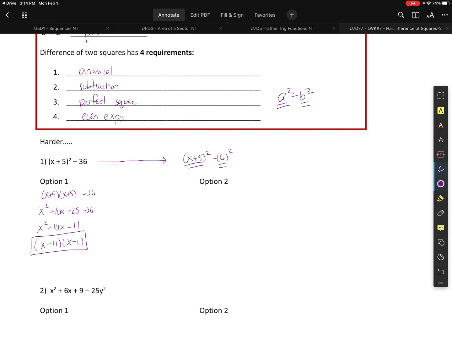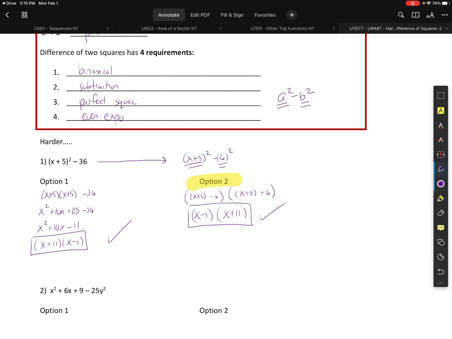So if we do difference of squares exactly the way we know how, it would be x plus 5 minus 6 times x plus 5 plus 6. No different than what we've already done in the past, which simplifies down into x minus 1 and x plus 11. So in this situation, both methods give us the exact same answer, but option 2, that's what we're working towards right now.